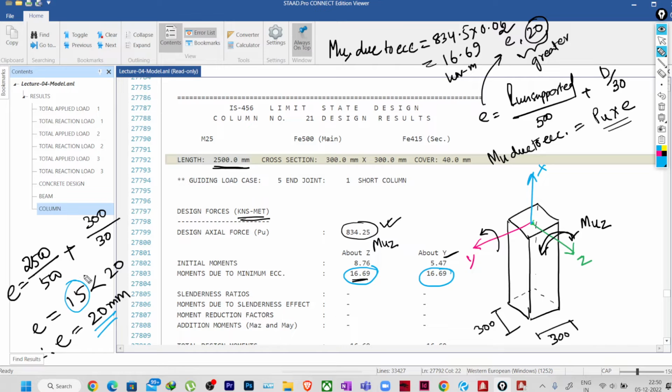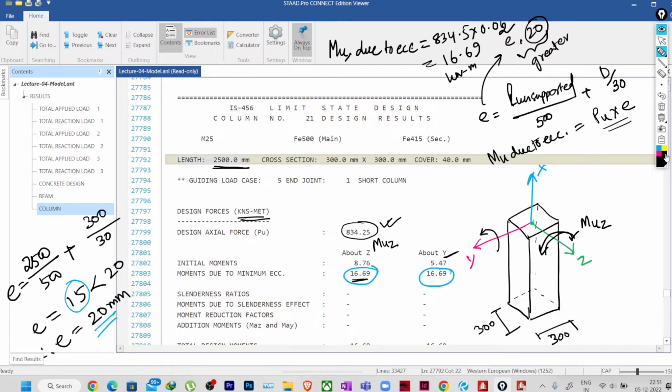But whenever this value is greater than 20 mm, the unsupported length needs to be provided correctly, otherwise we may be overestimating. In general building design, you may ignore this as it is overestimating, on the conservative side, but as I'm explaining the concept behind it, I'll show you how we can do that.